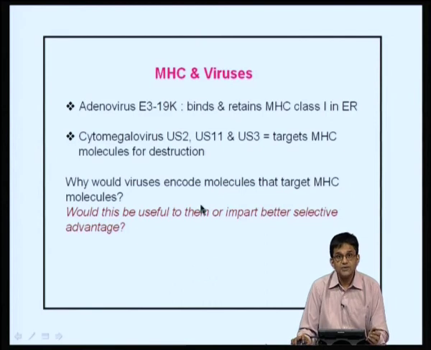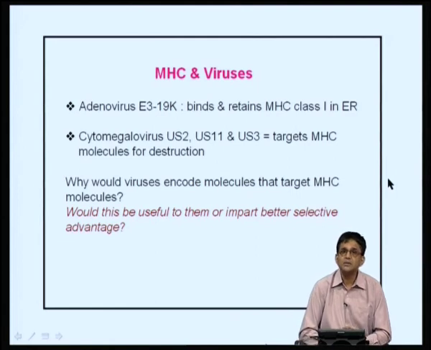So, in fact, you have certain viruses like adenovirus E3-19K, which binds and retains MHC molecules in the ER. You have cytomegalovirus which encodes molecules US2, US11, US3 that target MHC molecules for destruction. Now, I want students to think a little bit about why viruses would encode molecules that target MHC molecules.